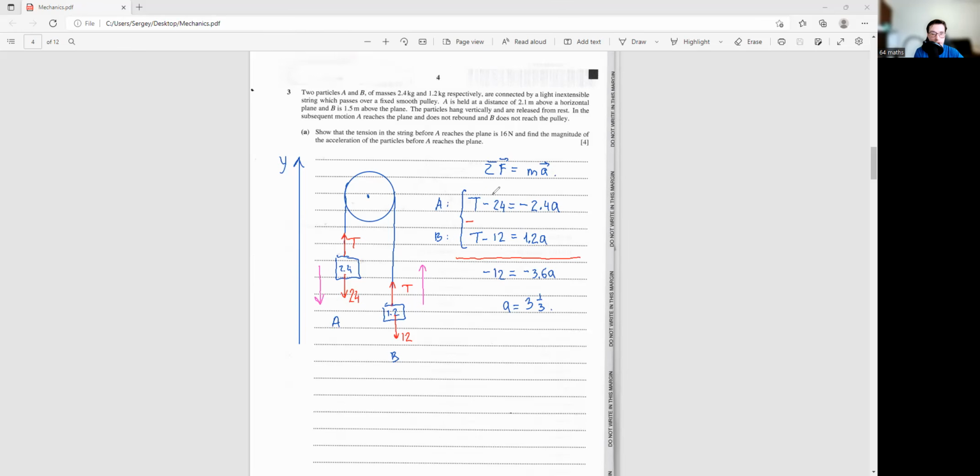Now, we have to calculate the tension, so I'll substitute it into the first equation. So T equals 24 minus 2.4a. So I got 24 minus 2.4 times 3 1/3, and that equals 16.